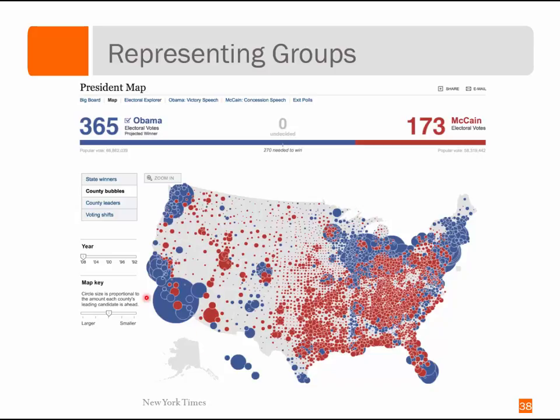You do see that LA, Seattle, Portland, San Francisco. So we see very, very large proportions or combinations of voters, populations of voters.